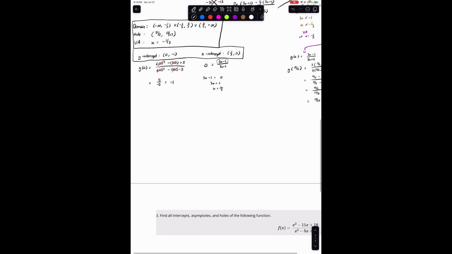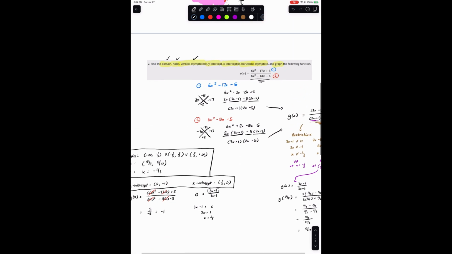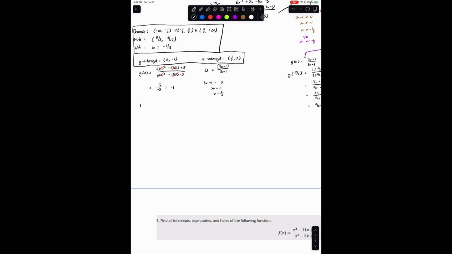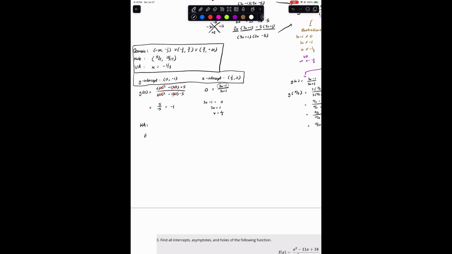Oh, all right. Do vertical. So this is done. That's done. Now I need the horizontal asymptote. If you look at the leading terms, we have 6x squared, 6x squared. Again, this is another HDC situation.